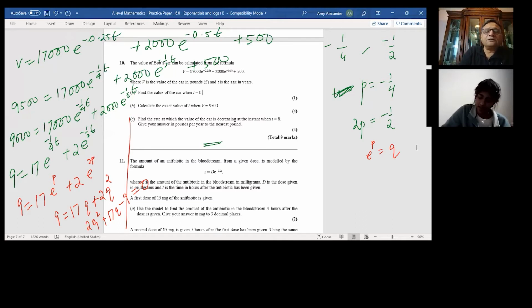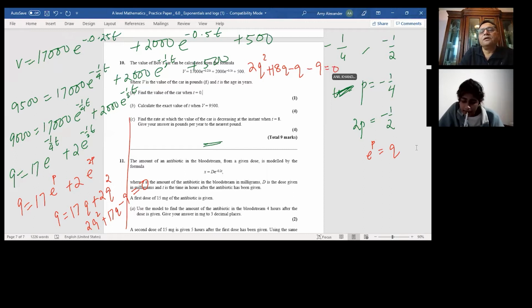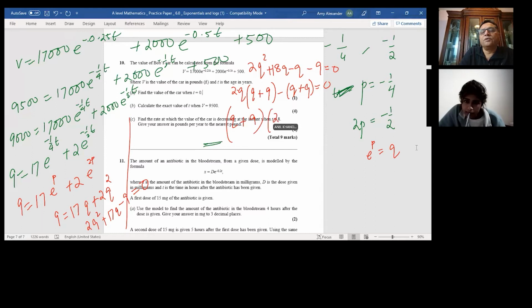I could write this as 2q squared plus 18q minus q minus 9 equals 0. Perfect. So I can take 2q common and factor this. So q plus 9, and minus, I have q plus 9. Is it okay? Now q plus 9 is common. So I get 2q minus 1 equals 0.